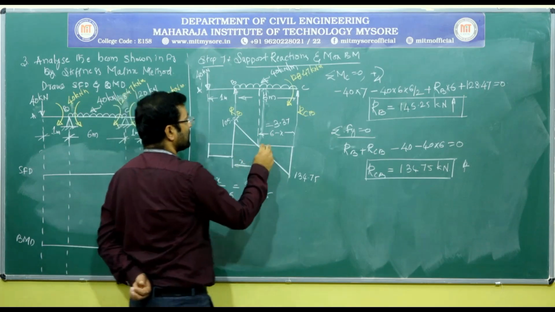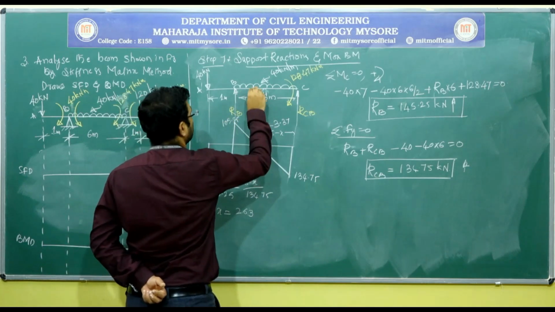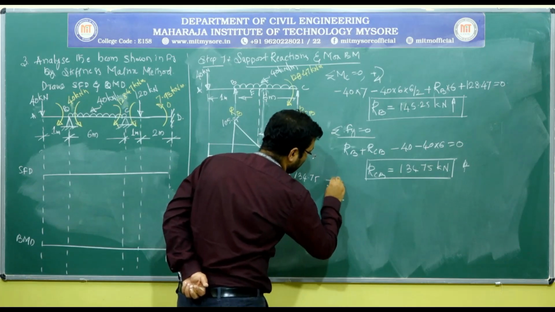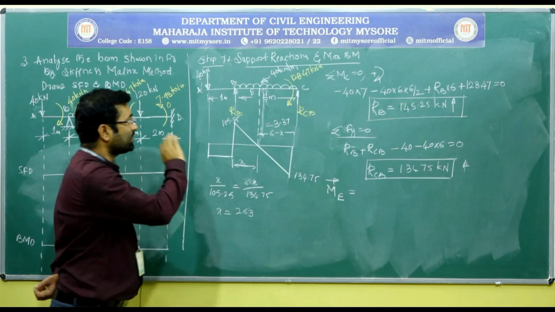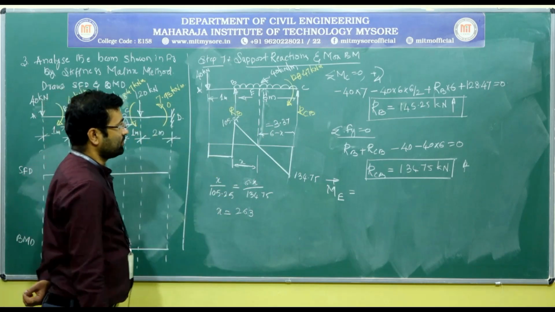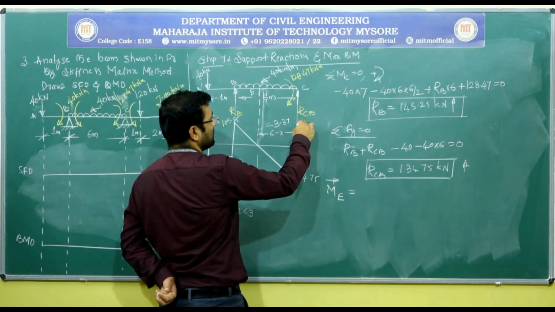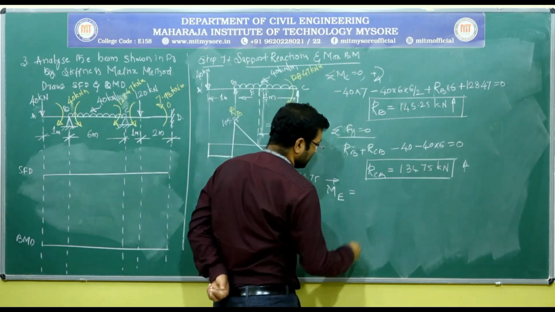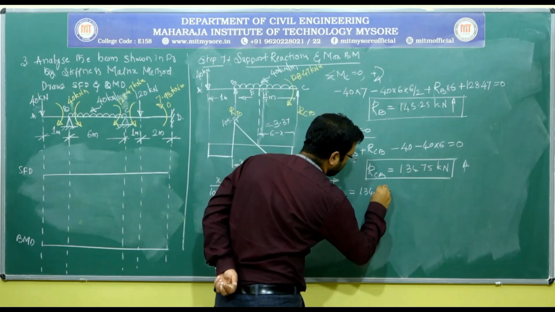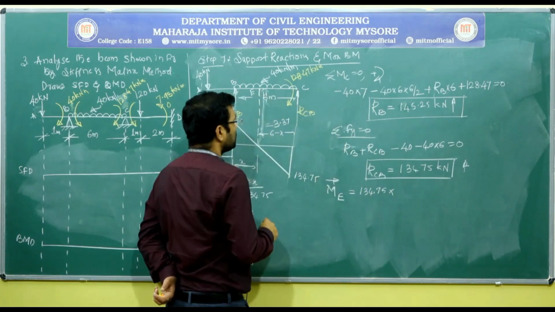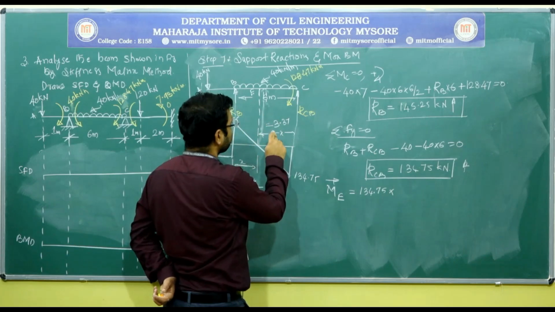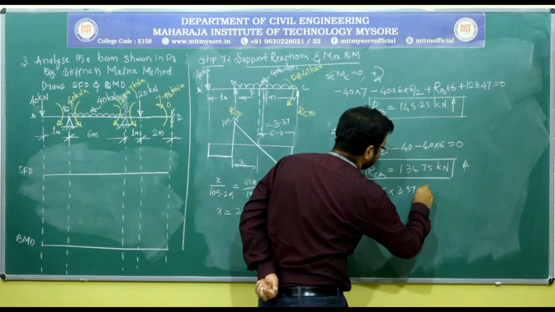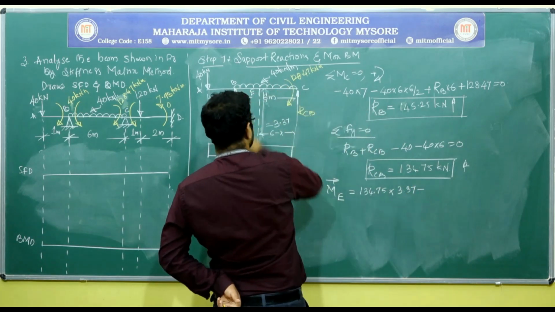Right, now at this location, let us say it is point E. So at E we have to calculate the bending moment. So to calculate bending moment at E, I am considering the right portion. So on the right side we have this RCB, which is creating an anticlockwise moment. So right side anticlockwise is positive. It is 134.75 into 3.37 minus this UDL is creating clockwise.